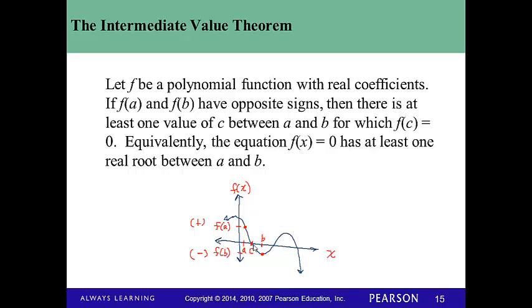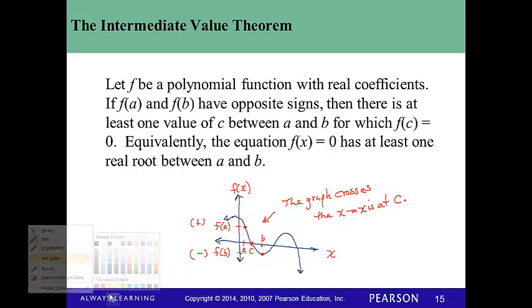Basically, if f of a and f of b have opposite signs, then there is at least one 0 between a and b, or the graph crosses the x-axis at C. That is the intermediate value theorem.